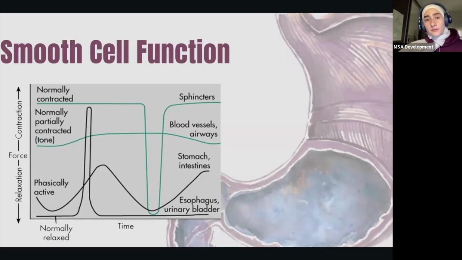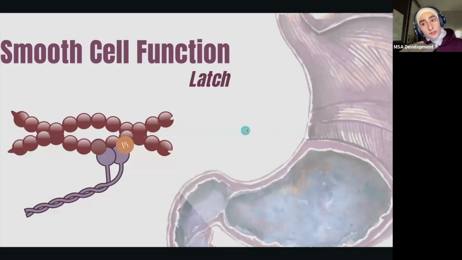Yeah, that's it. Now, our sphincters, how do they stay closed? There's multiple theories, but one of them is that MLCP is going to come and remove the phosphate while your myosin head is still attached to your actin. So it's already contracted, and you remove the phosphate while the cell is still contracted.